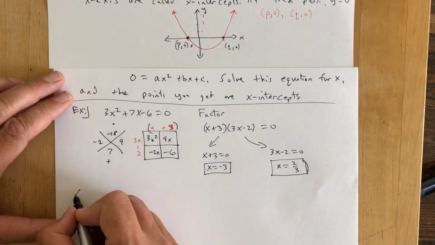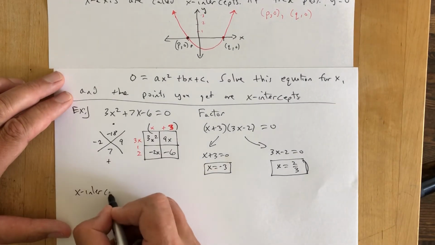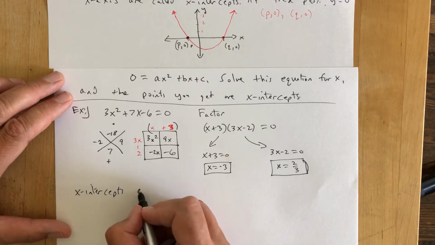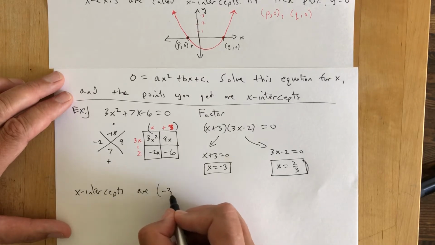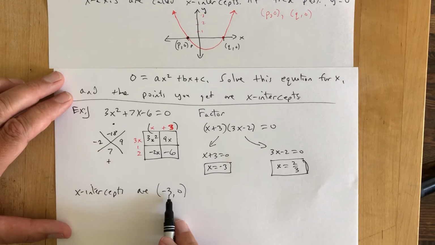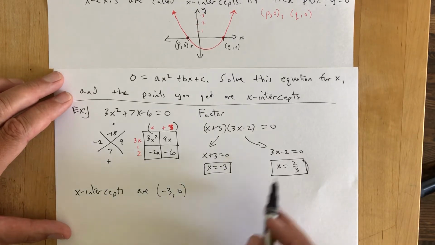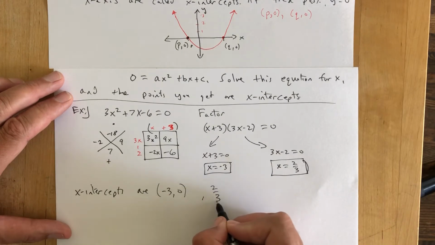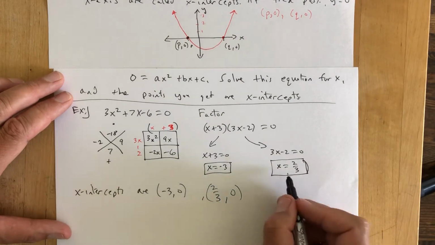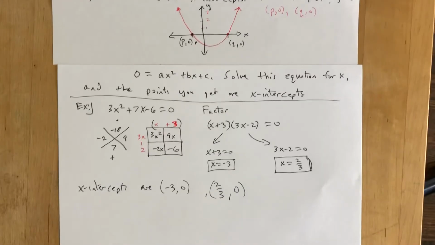So the x-intercepts are the points minus 3 comma 0, because it's the x we found here, and 0 for y, because that's where the x-intercepts happen. And then 2/3 comma 0 here. So that's the other x-intercept.